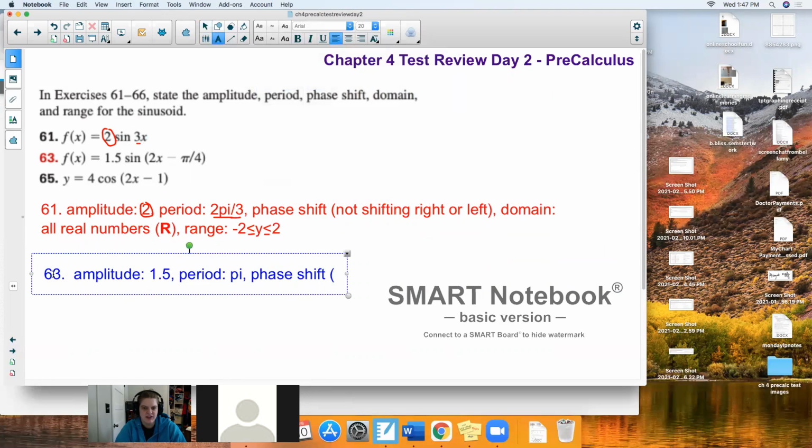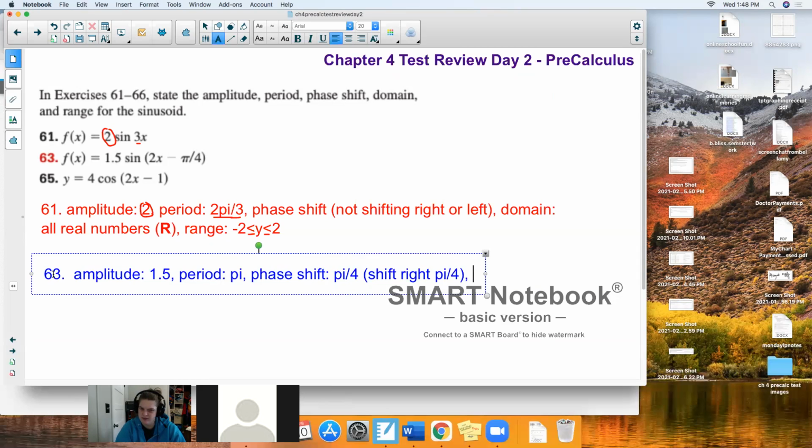And of course it's in Funky Town, so that means that its phase shift is pi over 4, meaning it will shift right pi over 4. So instead of going up at 0, 0, it's going to go up starting at pi over 4. Okay.